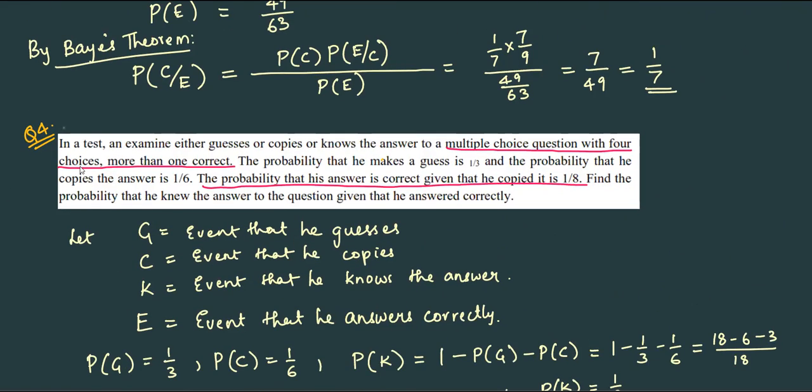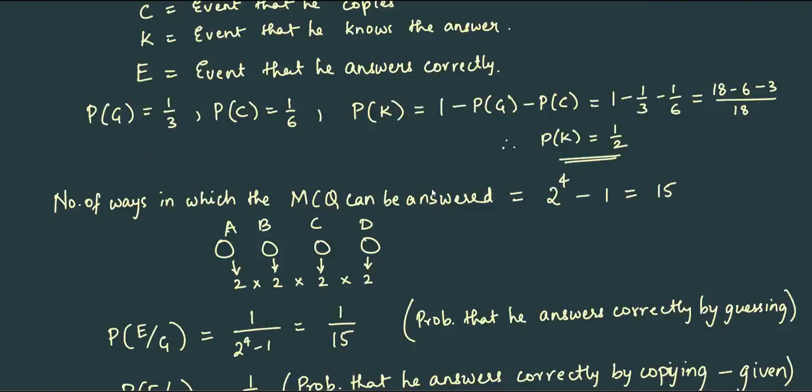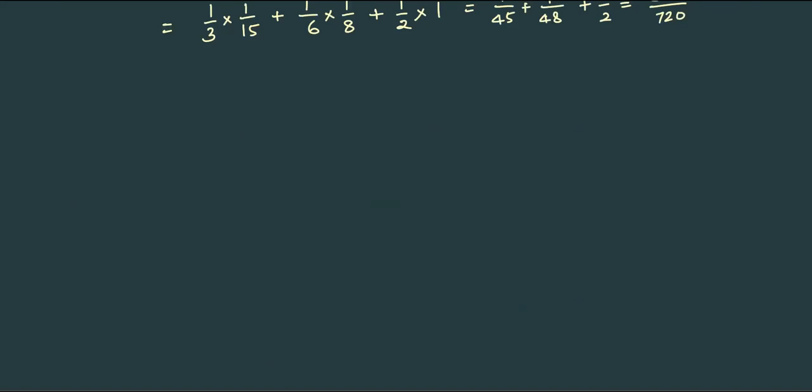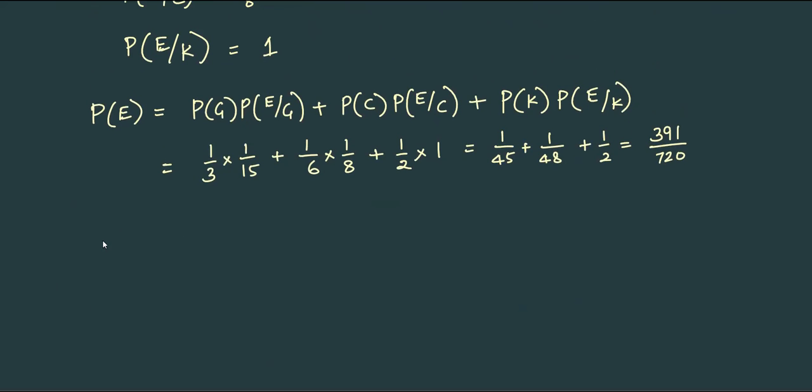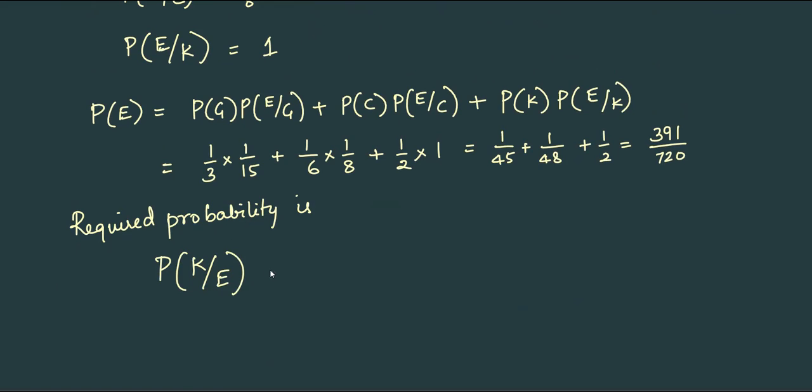Now, the required probability is the probability that he knew the answer to the question given that he is correct. So the required probability is the probability that he knows given that he has marked correctly.